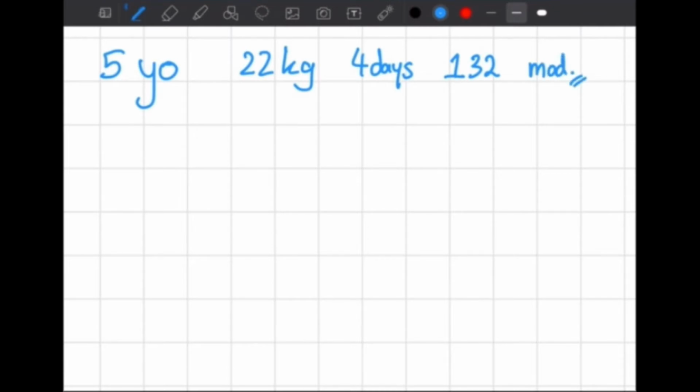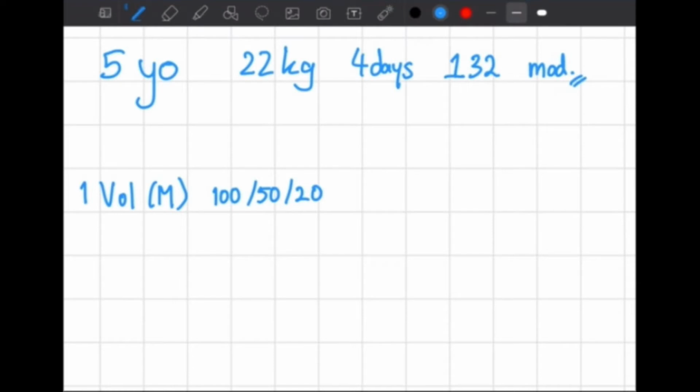Okay, so the first volume we're going to find is the volume maintenance. I am going to use the Halliday-Segar rule, which is the 100-50-20 milliliters rule. Let's break this down.